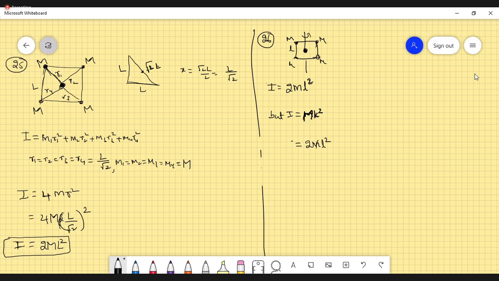So the total mass equals m1 plus m2 plus m3 plus m4, that is 4m. Substitute this. Therefore moment of inertia I equals 4m into k square. Now equate these two: 4m k square equals 2m L square. Now the m, the mass of a single particle, cancels. So k square equals 2 L square by 4, and k equals L by root 2.